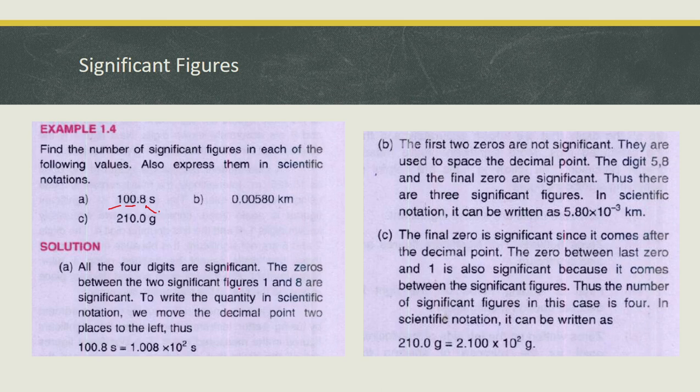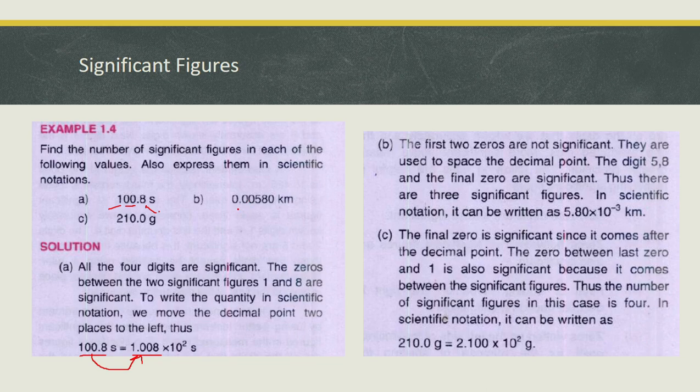The zeros between the significant figures 1 and 8 are also significant. If we write in scientific notation, we can write 100.8 as 1.008 times 10 raised to power 2. When we convert this number into scientific notation, a 4 digit number is multiplied with the power of 10. So these 4 are significant.